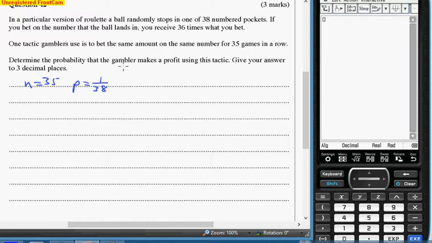And then the probability to make a profit. For a profit, you need 1 or more wins. Now we have to set up the equation we have to use.